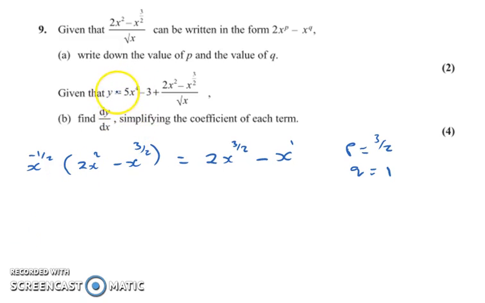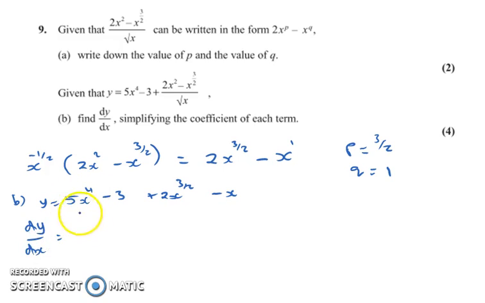Okay, given that y equals all of this, now differentiate it, simplifying the coefficient of each term. So for part B, y equals 5x to the power of 4, take away 3, add 2x to the 3 over 2, minus x. Going to differentiate dy by dx to give us 4 times 5, which is 20x, take away 1 from the power.